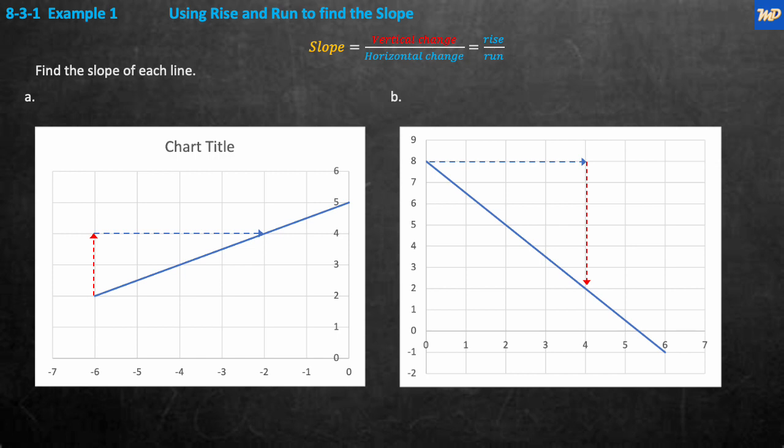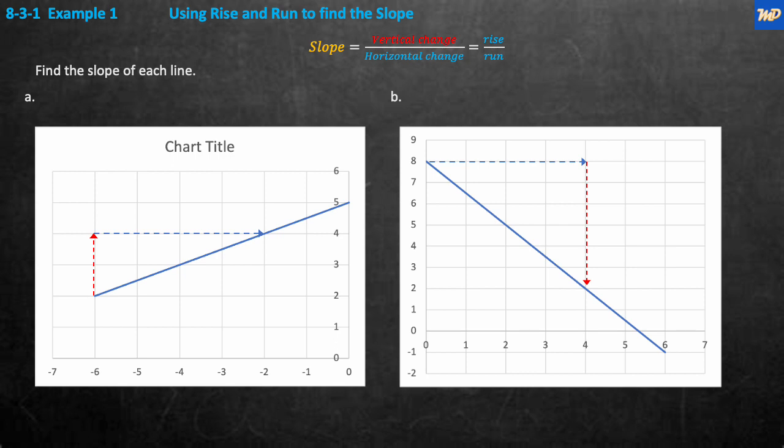So if we look at the first example in problem A, what is the slope of this line? At the start of the line, and when I say start of the line, it could be 0 on the x-axis, but we're just looking at a random line out in space without a coordinate system.